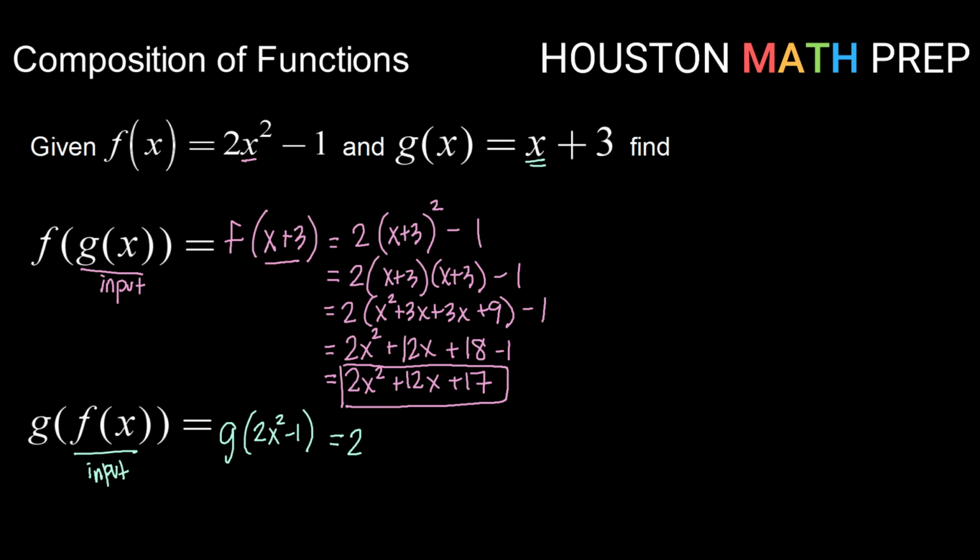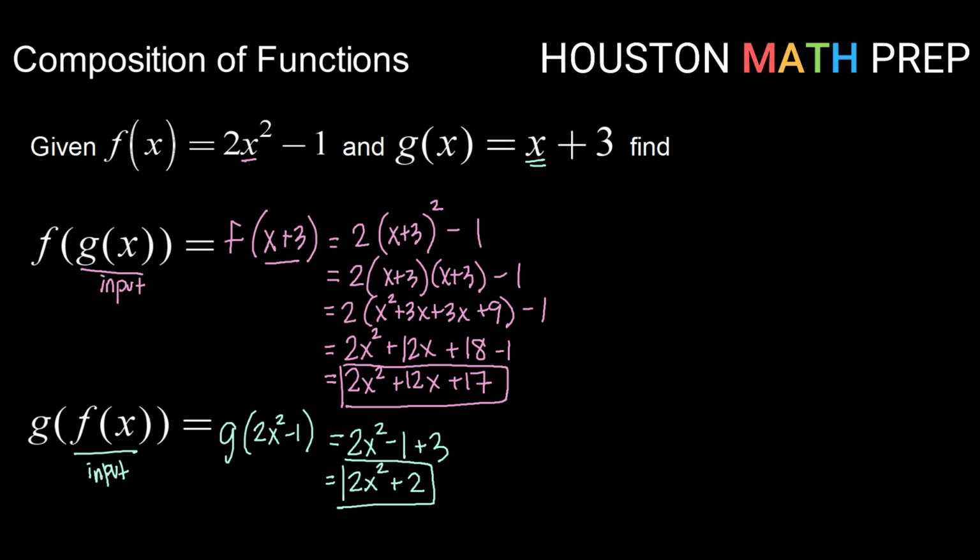So that will be 2x squared minus 1 in place of x, plus 3. Here, the only simplification that needs to be done is to combine my like terms. So this is 2x squared plus 2. So g of f of x is 2x squared plus 2.